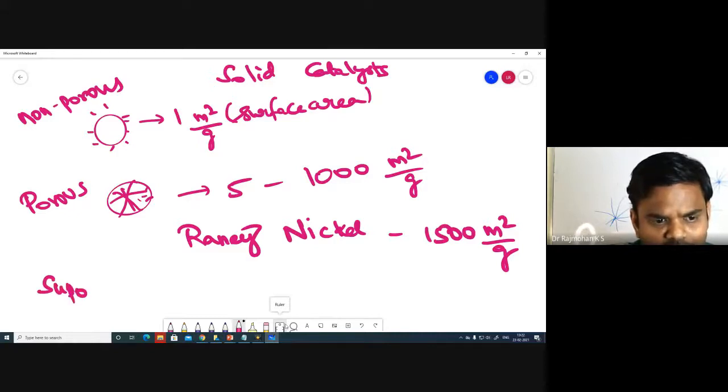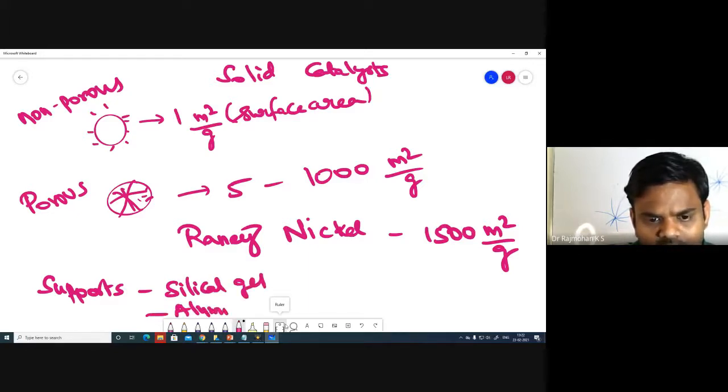Catalyst supports like silica gel and alumina are being used as catalyst support on which a certain amount of catalyst is supported. There are various methods available to prepare a supported catalyst, like the hydrothermal method, sonochemical methods, sonication methods, like that.